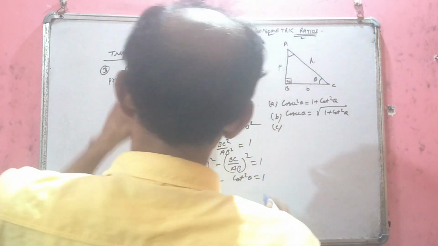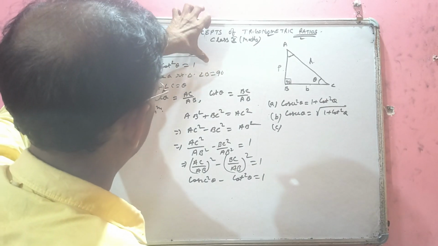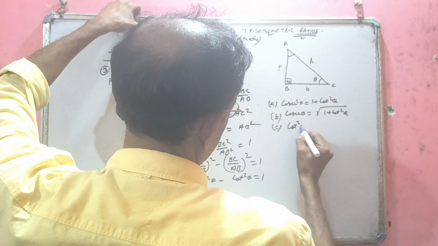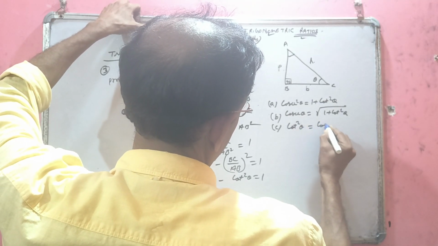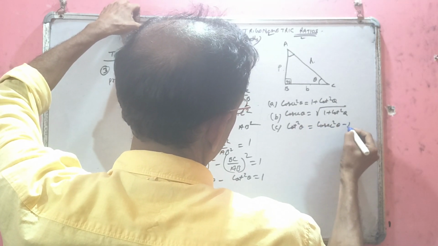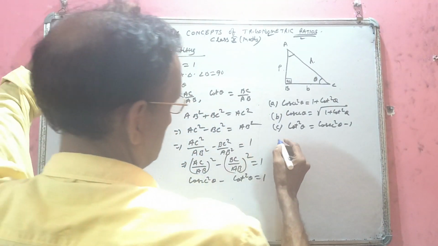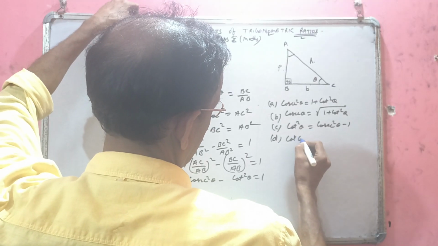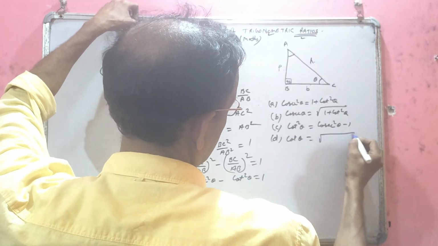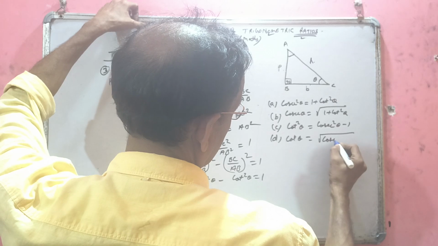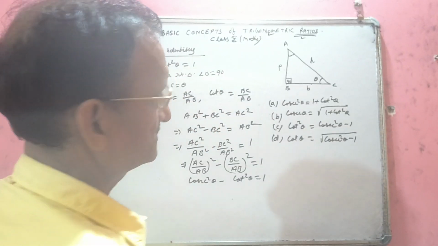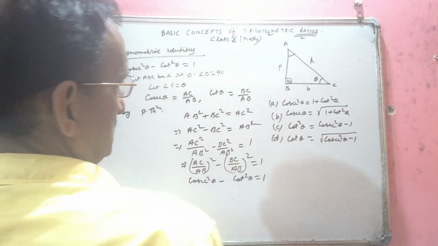Then number C you can get cot square also. Then 1 will go this side. So what you will get? Cot square in terms of cosec square. It will be cosec square minus 1, not 1 minus cosec square. And similarly, remove the square sign, only cot theta. And obviously it will be the root of cosec square theta minus 1. So these are the 3 identities.